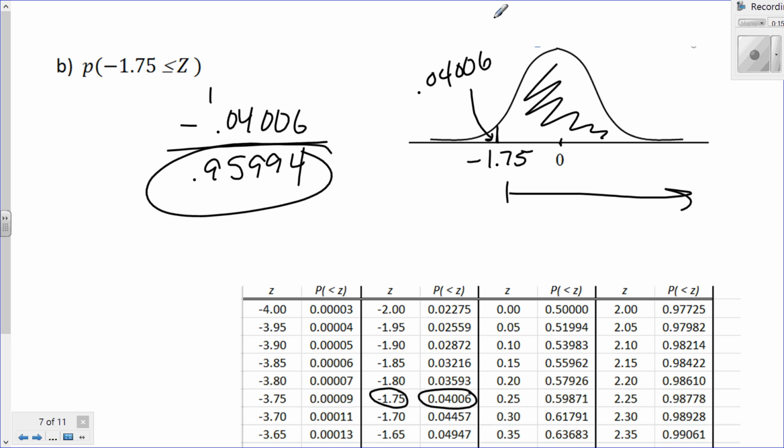So you can see how using the graph helps us keep straight any mental gymnastics we need to do to adapt what we're given in the table to what it is we actually want.